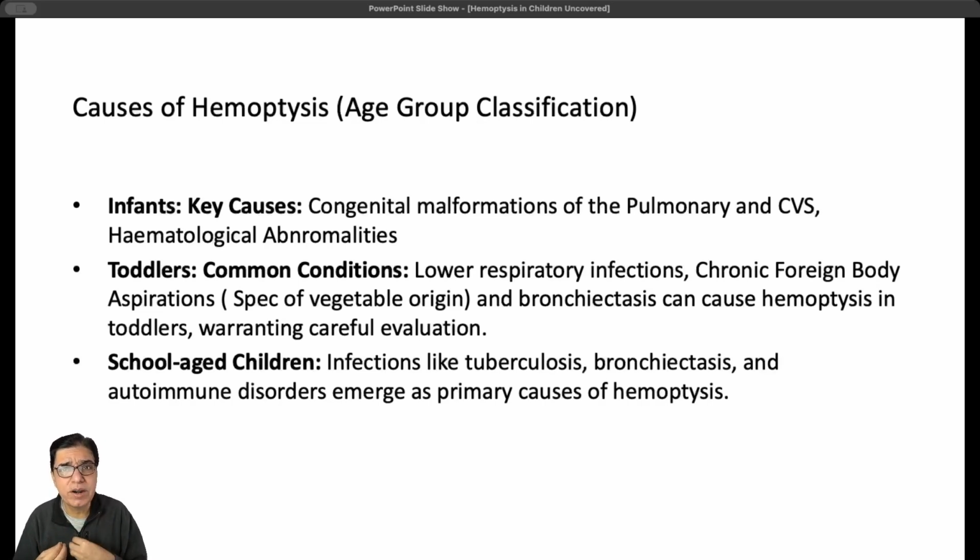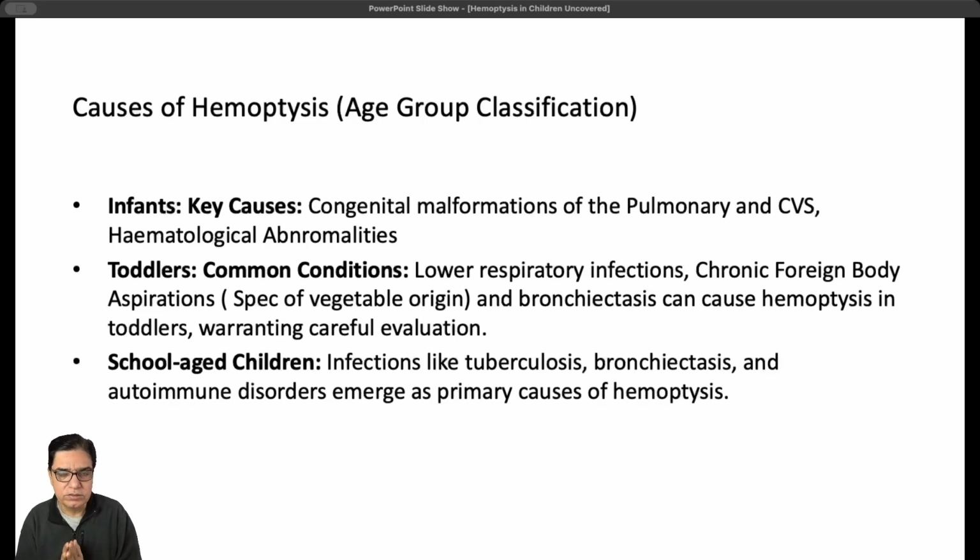So if a little bit of blood is coming up, they would swallow it, and then it might appear in the stools in the form of brown or cola colored discoloration of the stool, or maybe black tarry stools, depending on whether it has been processed by the acid or not. So small kids have less chances of bringing up blood because they do not have much tussive power.